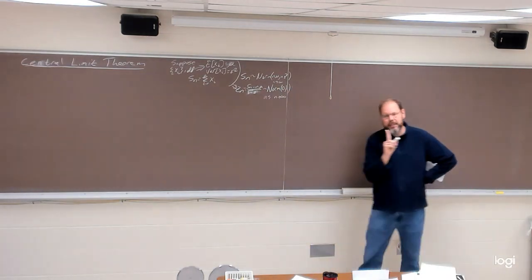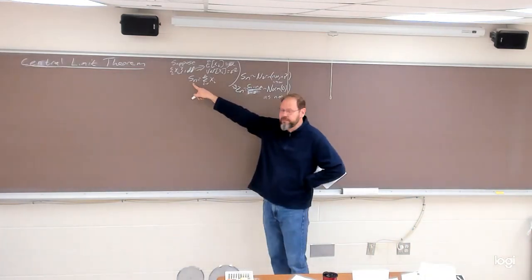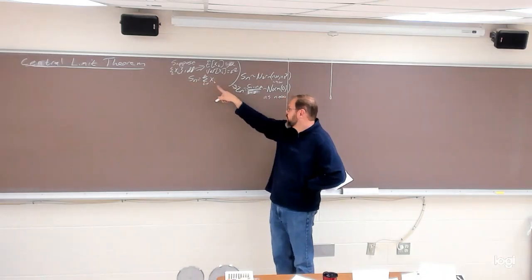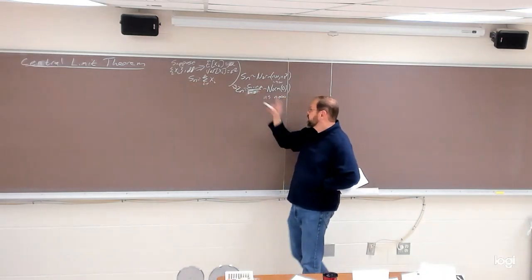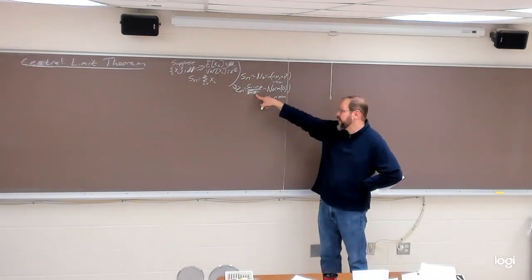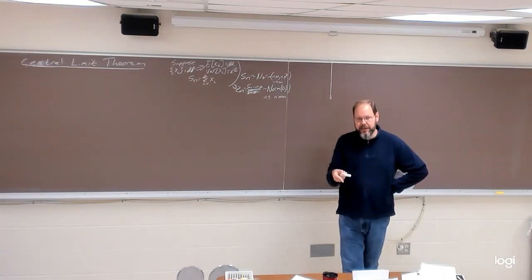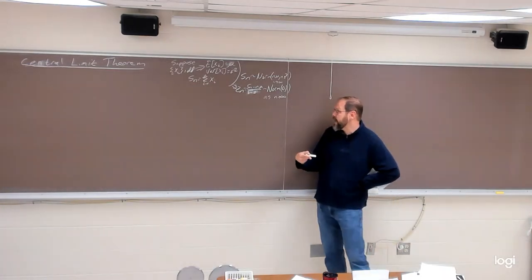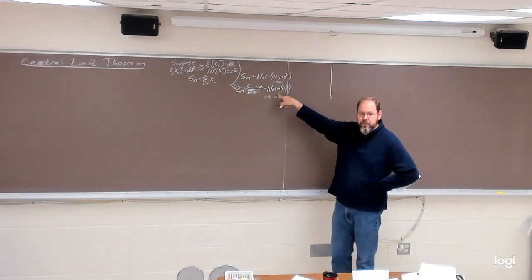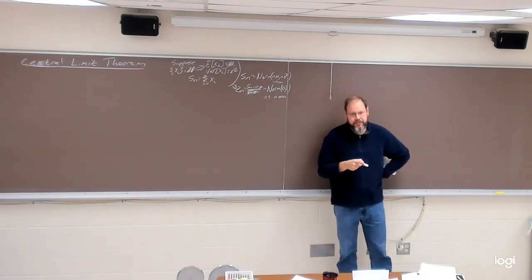Actually, let's state it this way: if I take this sum of random variables, subtract off its mean, n mu, and divide by its standard deviation, square root of n times sigma, then what I have is a standardized random variable Z_n, and the claim is that it will approach a standard normal random variable as n approaches infinity.